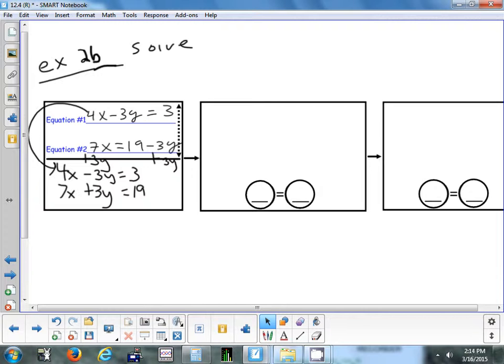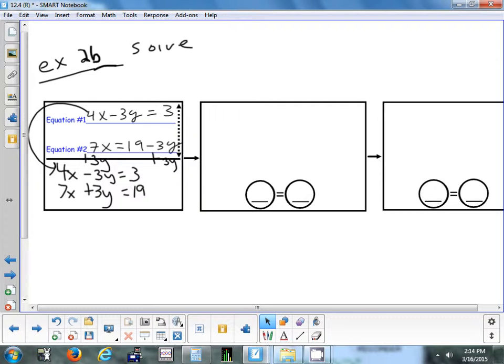Now, take 5 seconds in your brain. Look at this problem, on the board or on your paper. I want you to decide. Don't yell it out loud. You hear me, Isaiah?